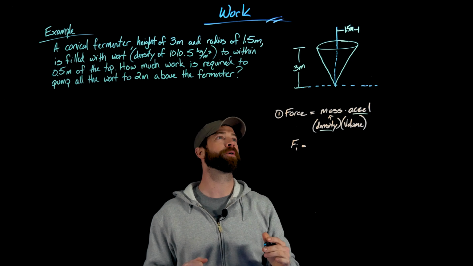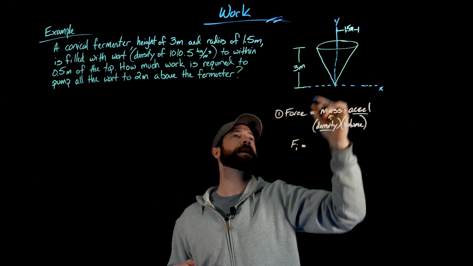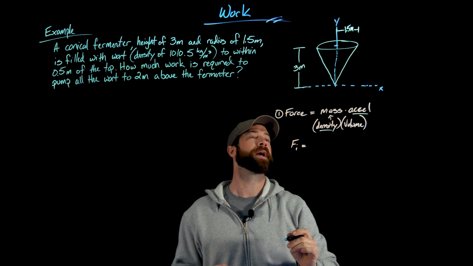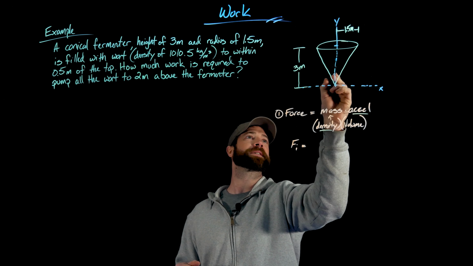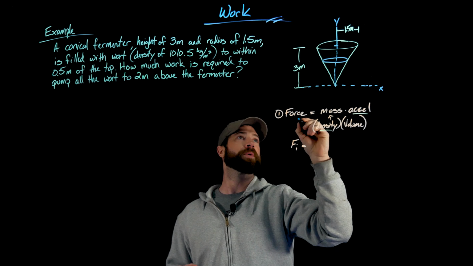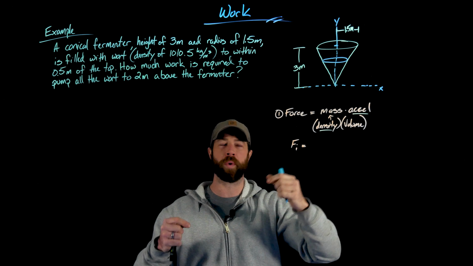I'll call this X, I'll call this Y. This height right here obviously is the same as that height. I then want to define these slices, and so I have a slice. Let me just draw in a little slice here. I'm going to take these slices and think of each as a washer.